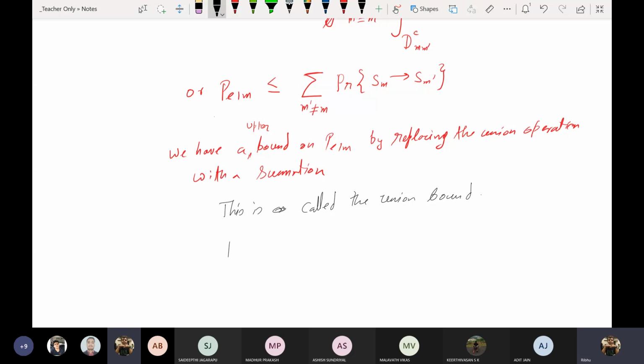And P_E is less than or equal to the summation over m equal to 1 to capital M of the terms for S_M. So this is the total probability of error, the overall transmission probability of error. But it gets better.